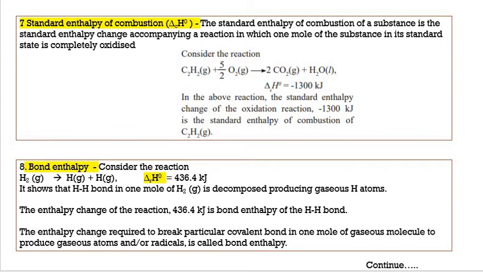So the enthalpy change of the reaction is 436.4 kilojoules, and the enthalpy change required to break a particular covalent bond of 1 mole of gaseous molecules to produce gaseous atoms or radicals is called bond enthalpy.